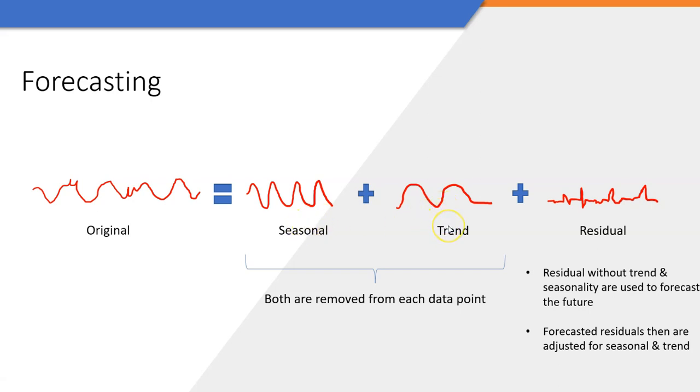Once these two are removed, we are left with residual. So the forecasting is actually done for the residual, and then seasonal and trend components are added or adjusted into the forecasted residual to arrive at the future data points. This is how the algorithm works.